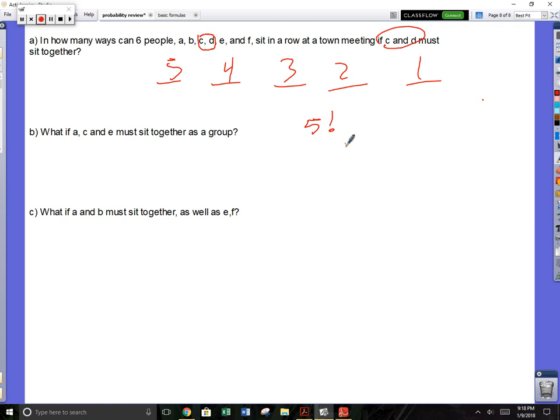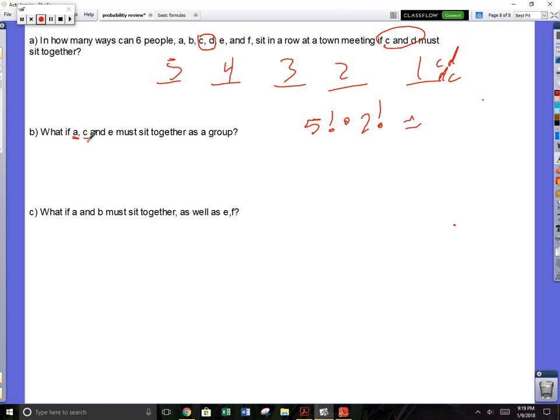Now they're going to get actually even higher, because any one of these seats that I locked in C and D, there's 2 ways to arrange C and D. I could either arrange C and D, or I could arrange D and C, and that is different. They're different, and no matter where you put them, they're going to change the whole order of everything. So I'm going to take all those arrangements times the 2 ways that I can arrange C and D. So whatever that answer is, that's all your arrangements.